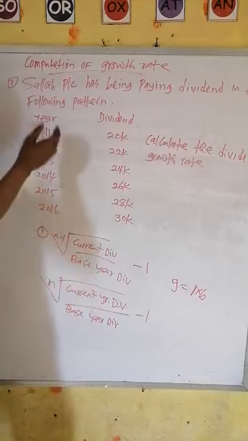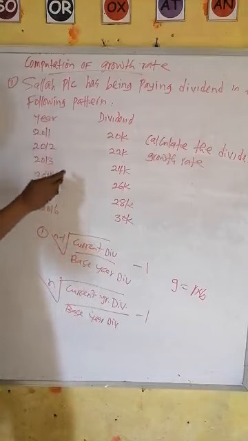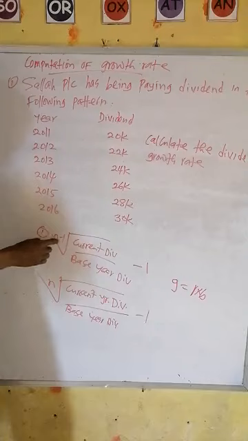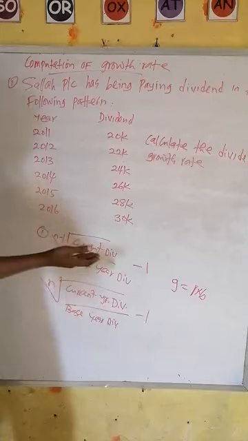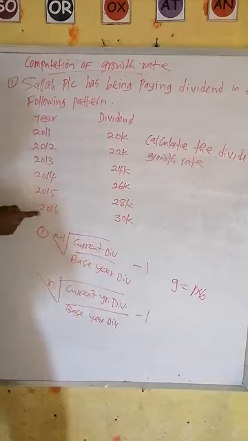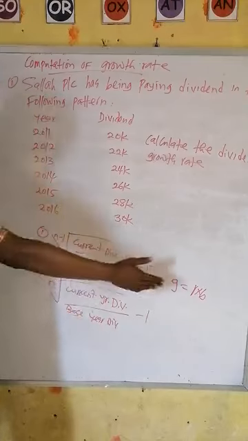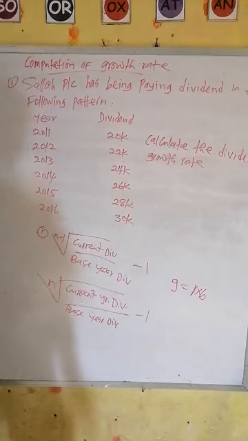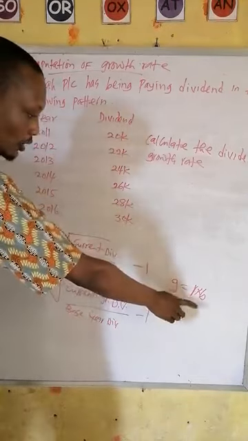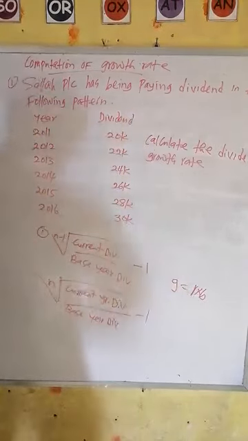Definitely easy, because we are given the number of years: 1, 2, 3, 4, 5, 6, where n is the number of years. The current year dividend is this one. So this is the formula we are going to use. It's not Gordon growth. The R under Gordon growth is the return on investment.